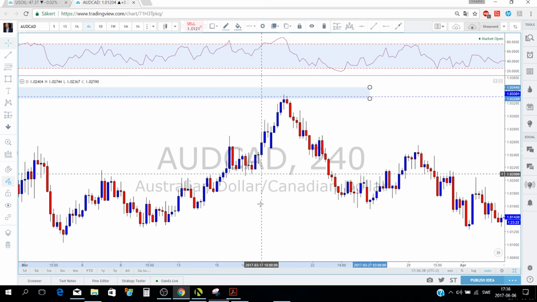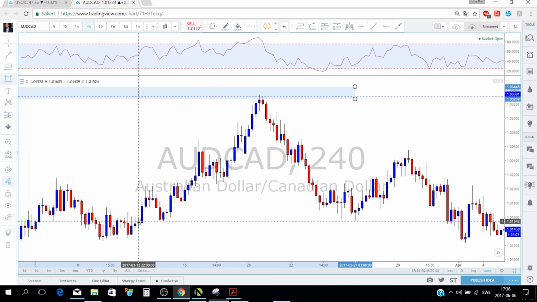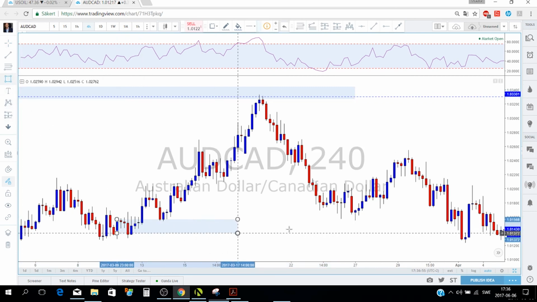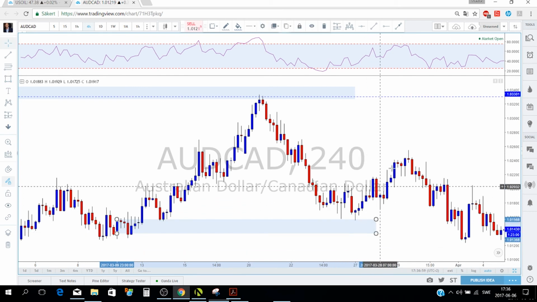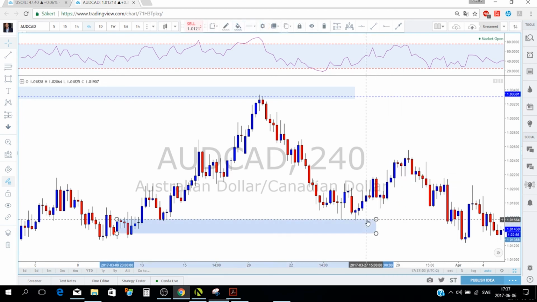We have another example here below. As you see, we start to get those hammers after this move, and they also came at a good demand area, as you see here, this order block down here, and then price started moving up, and it was just a correction to the upside.